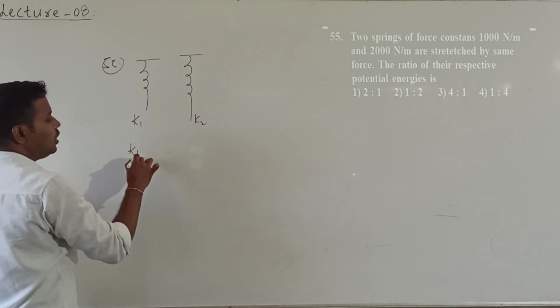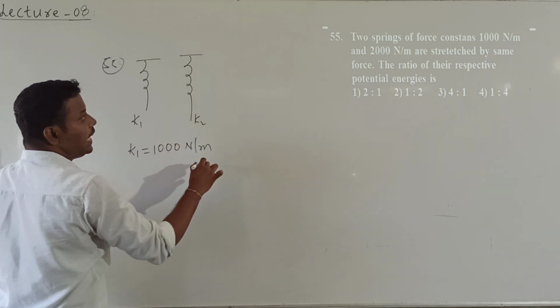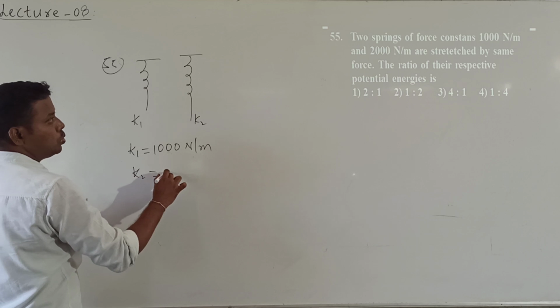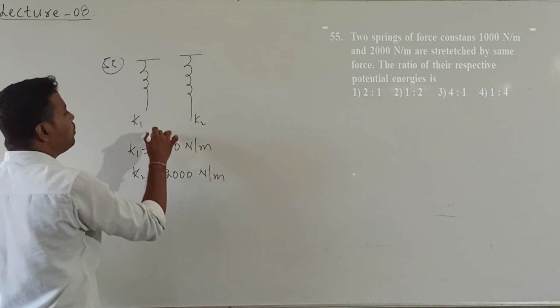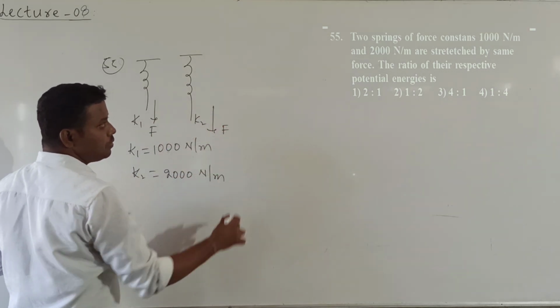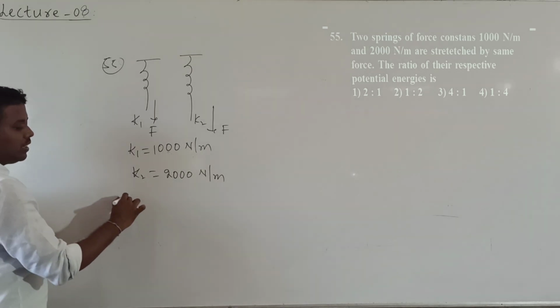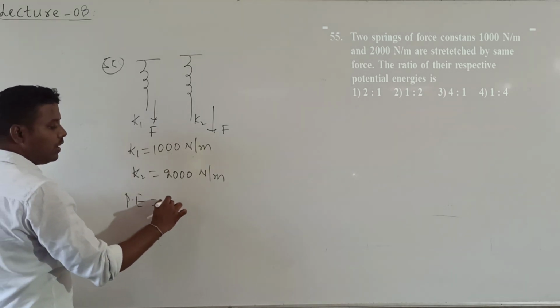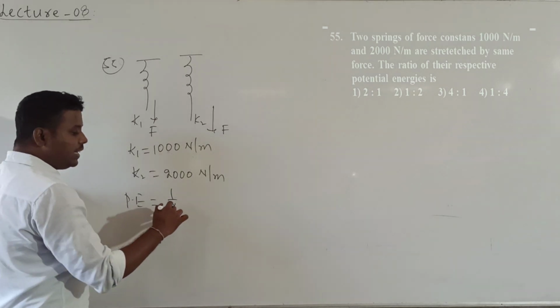K1 is 1000 newton per meter and K2 is 2000 newton per meter. The same force F is applied on both of them. They are asking for the respective potential energy. What is the potential energy formula? Whenever a spring is compressed or elongated, work needs to be done.